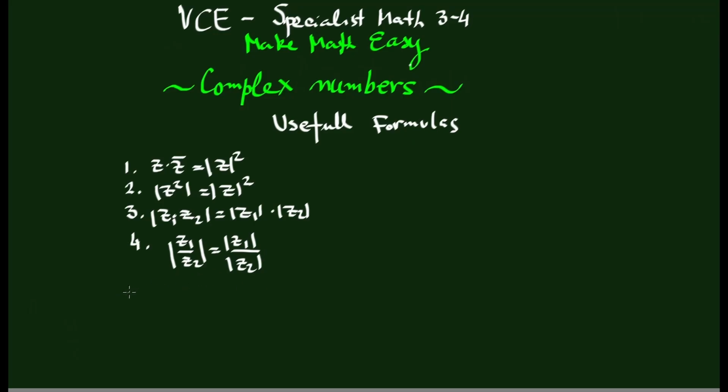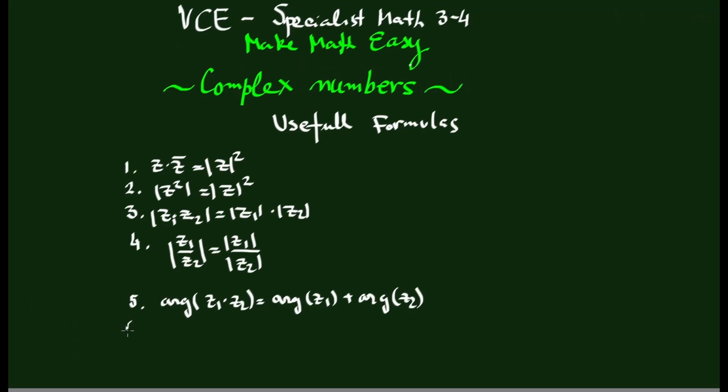Now some formulas about arguments. Remember them. Argument of z1 times z2 equals argument of z1 plus argument of z2.